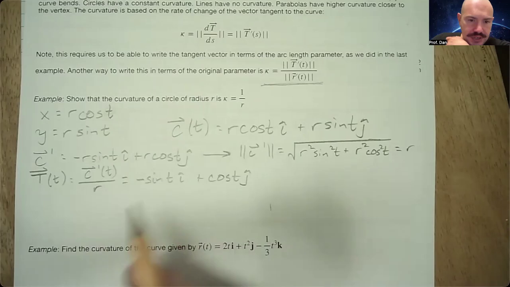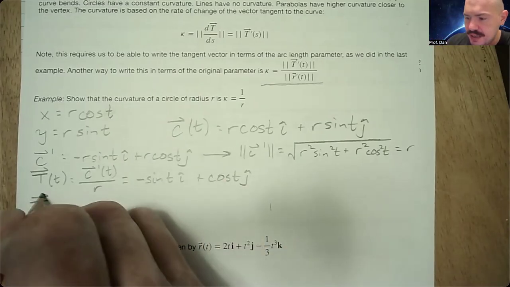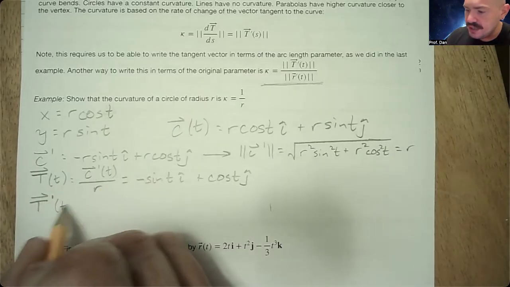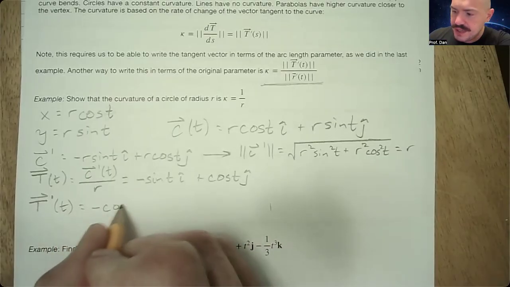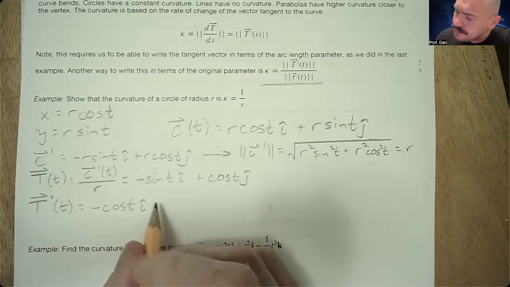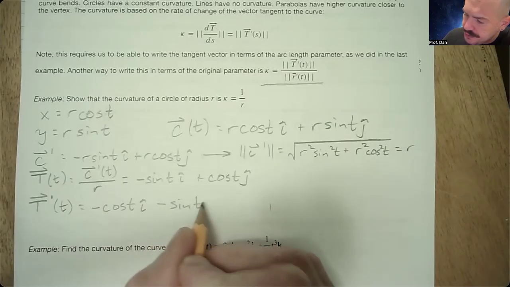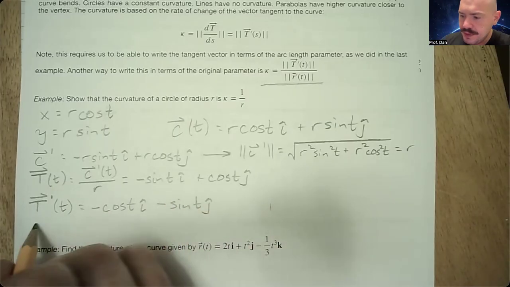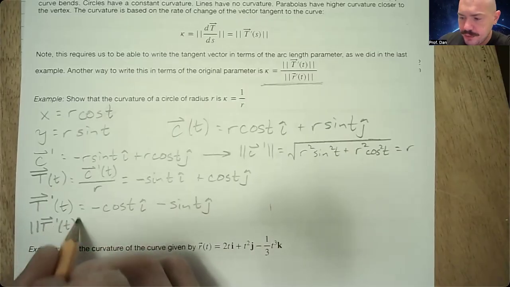Now that we have our unit tangent vector, we need to get T prime as a function of t, which will be simple enough. That's negative cosine of t i minus sine of t j. Now that I have T prime, we can get its magnitude, which we're going to need for the curvature formula.